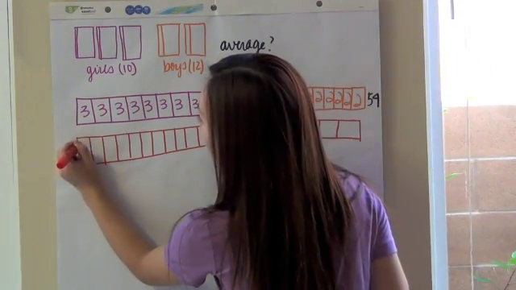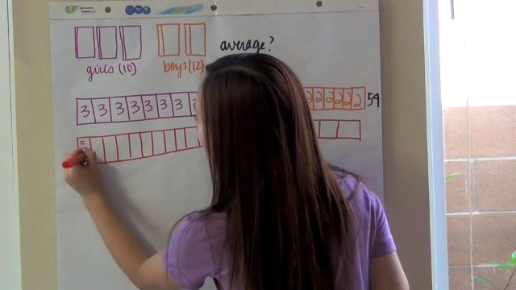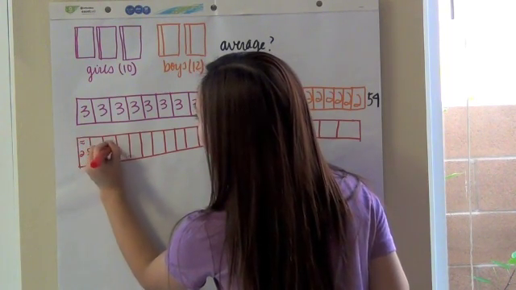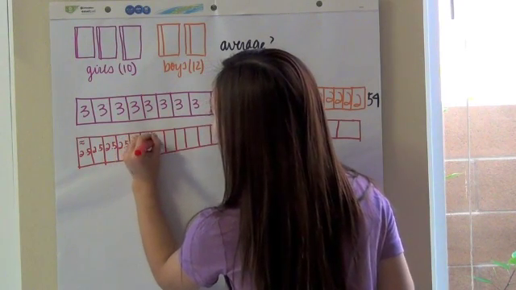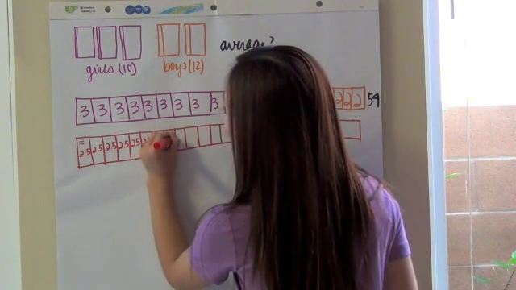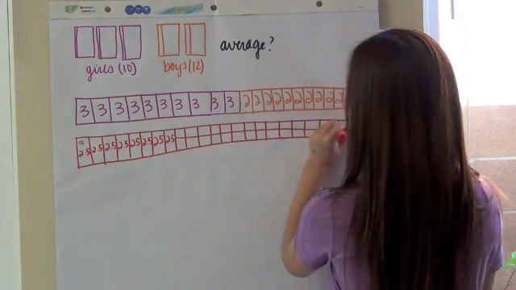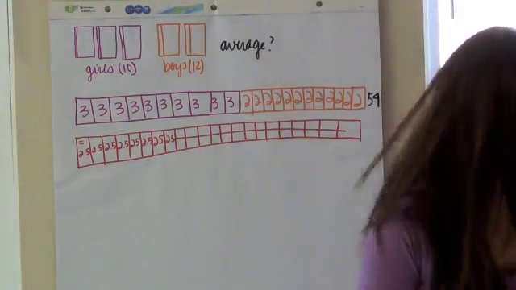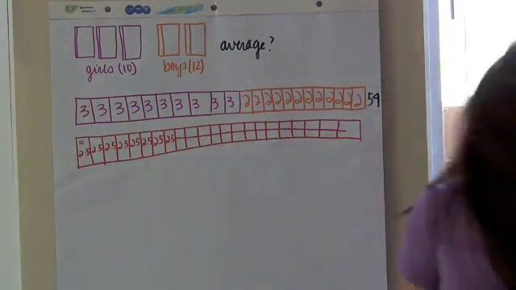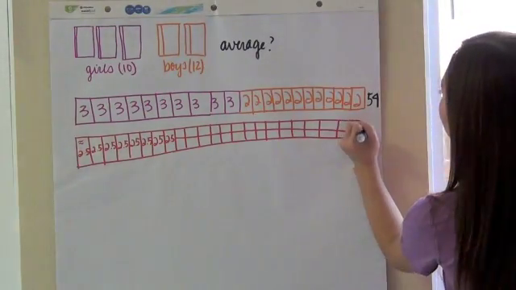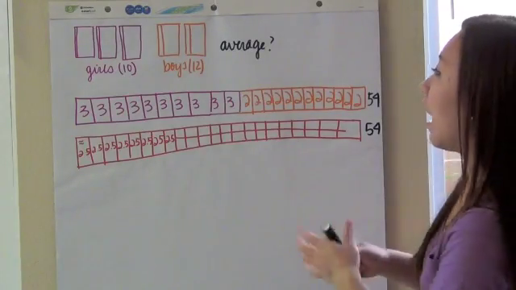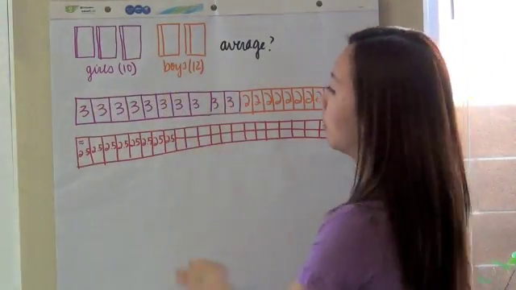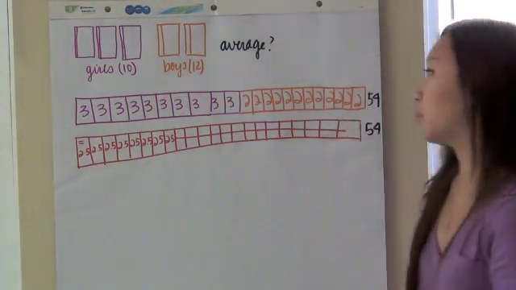So I'm going to say about 2.5. Okay, so it's going to be 2.5 till the end. The total is still 54, as you can see. Okay, so that's how you do this problem. The average of both the girls and the boys is going to be around 2.5.